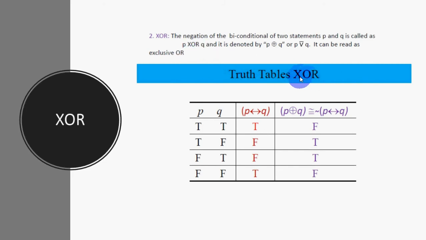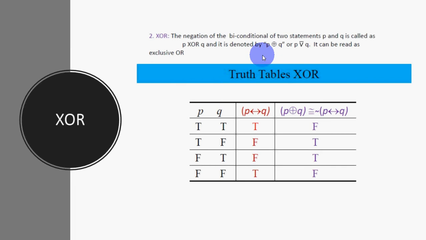Next, exclusive OR. Exclusive OR means first you have to find out the biconditional. So P biconditional Q you have to find out. P biconditional Q values are like this. So next what we have to do?